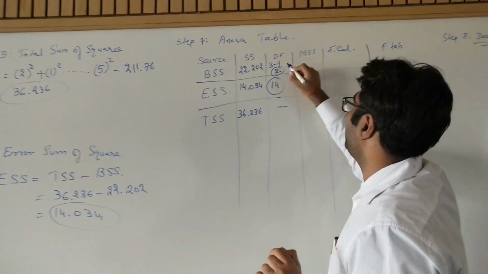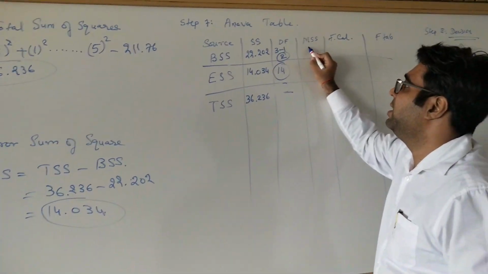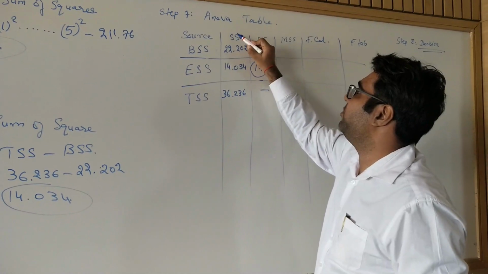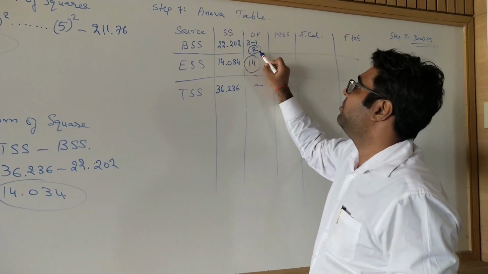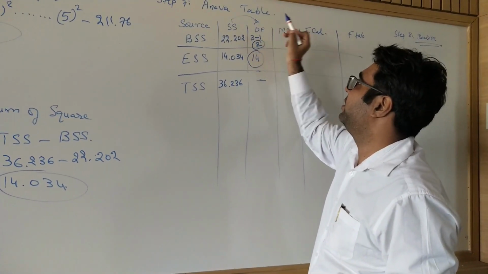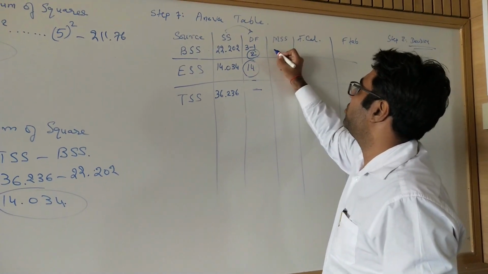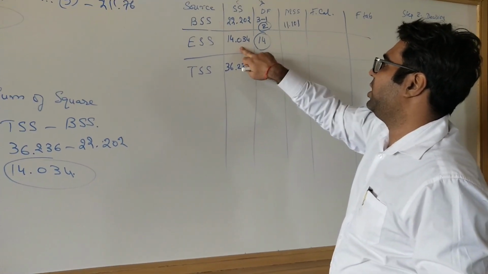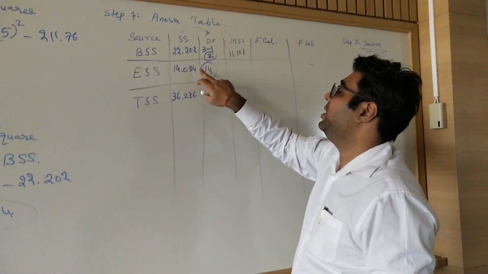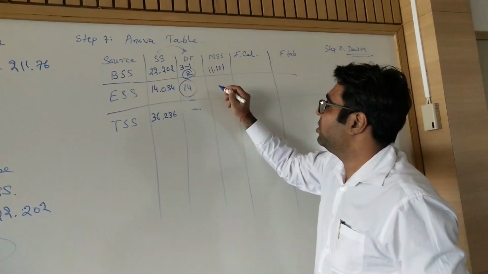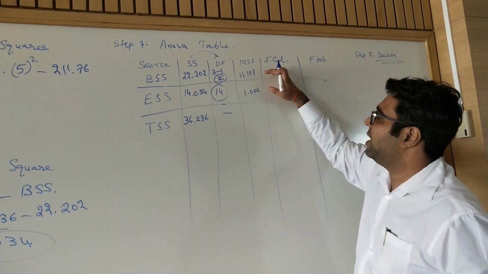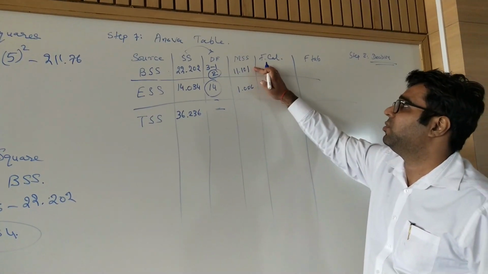Now we need to find the mean sum of square. How can we find it? We just divide 22.202 by 2. So 22.202 divided by 2 gives 11.101. In the same way, 14.034 we divide by 14, and you will get somewhere near 1.006. So now we have the mean sums of square.